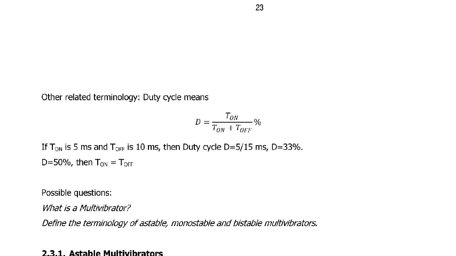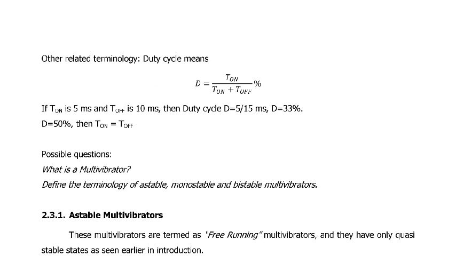In this way, we can find the duty cycle if the t on is 5 millisecond and t off is 10 millisecond. The question they can ask is a problem like this: find the duty cycle. Suppose that t on is 5 millisecond. Duty cycle is t on divided by t on plus t off.